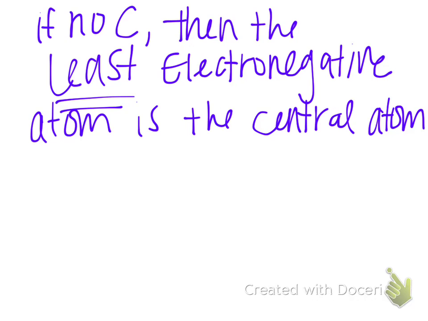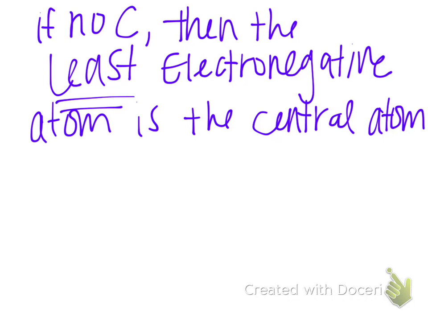Least electronegative would be farthest from fluorine, or the lowest electronegativity value on the Pauling scale. Least electronegative goes in the center.